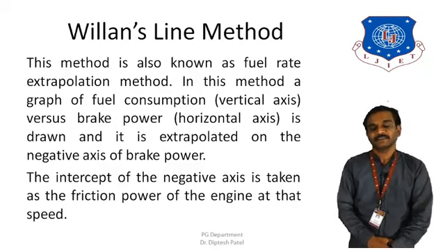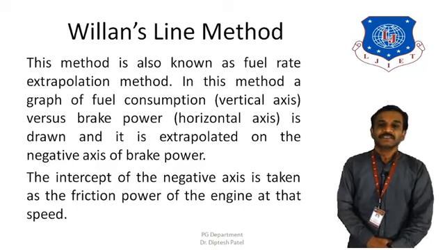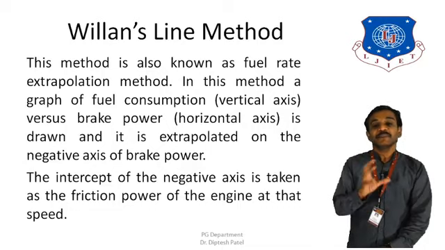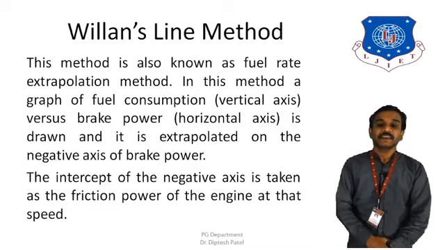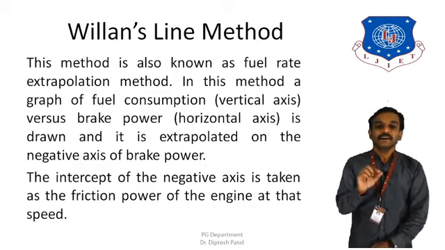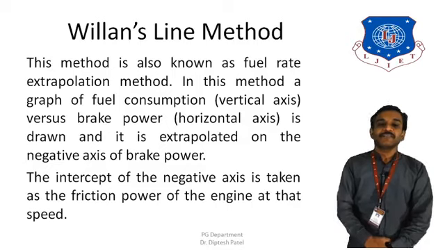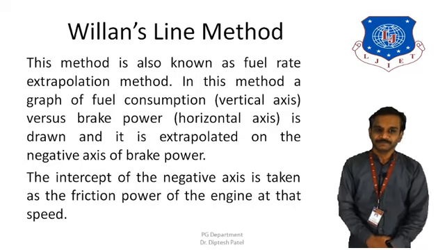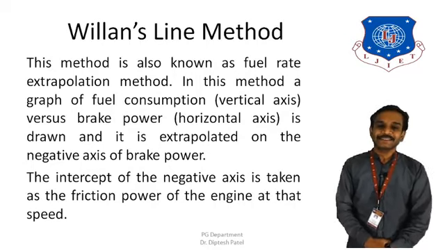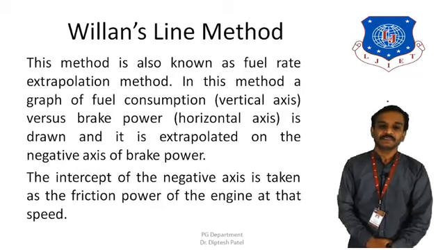Another method, which is quite reliable as compared to this one, is the Williams line method. This method has another name as well, and that is the fuel rate extrapolation method. Here basically the values are plotted on a graph. On the y-axis, the values of fuel consumption are noted, while the x-axis has the brake power.